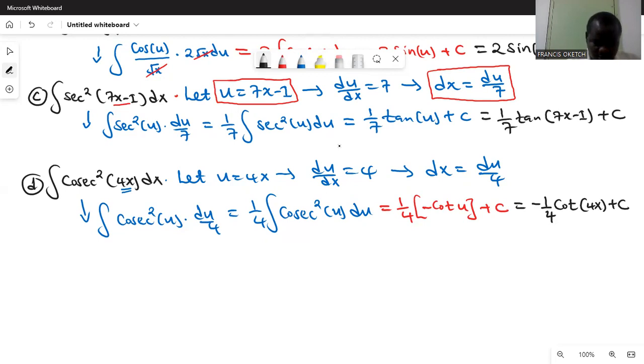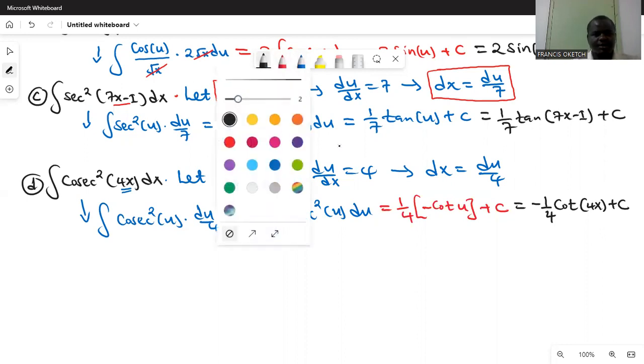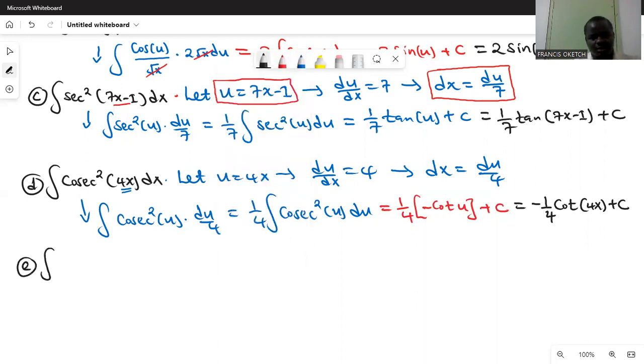Another example, you are asked to evaluate this integral. Let me write it. It is the integral of tan 5x minus 2 dx. Very easy again. Let u be equal to 5x minus 2. Let u be 5x minus 2.